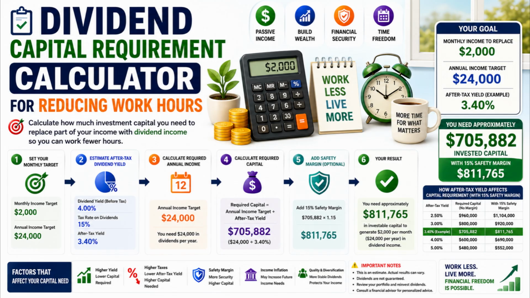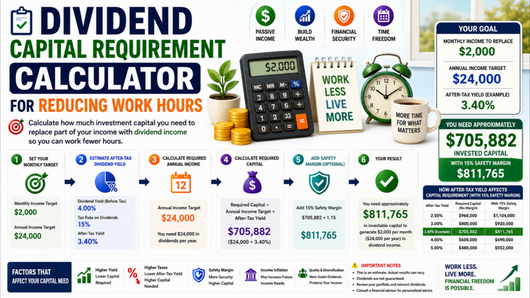However, investment planning should not rely only on a perfect case scenario. Dividend payments may change, taxes may increase, market yields may decline, and personal expenses may rise over time. Therefore, adding a safety margin can provide a more practical and conservative target. In this infographic, a 15% safety margin is used.